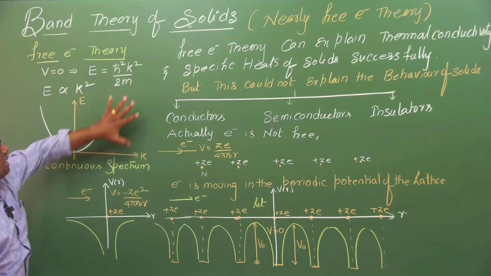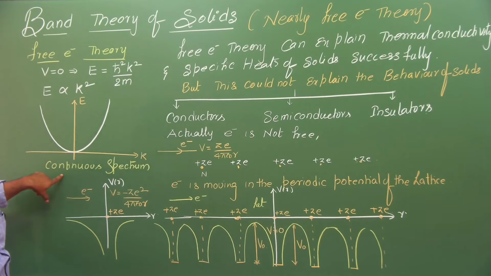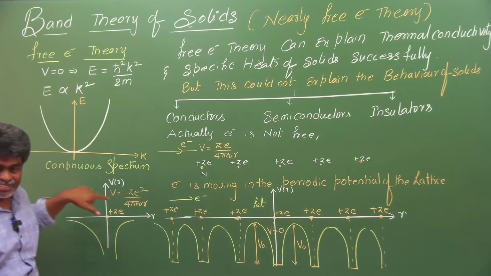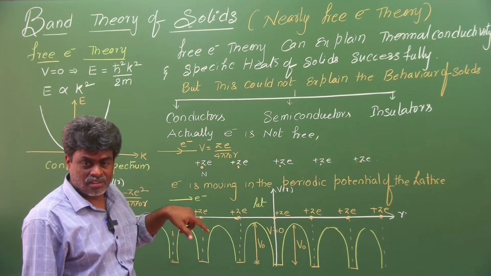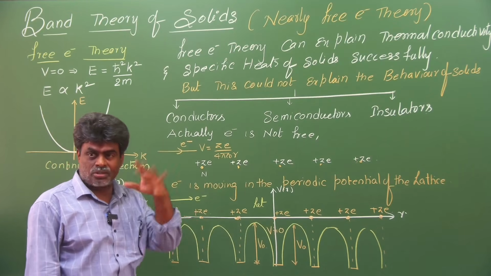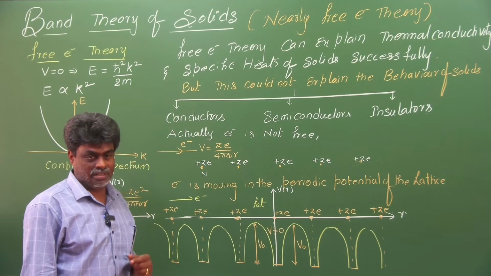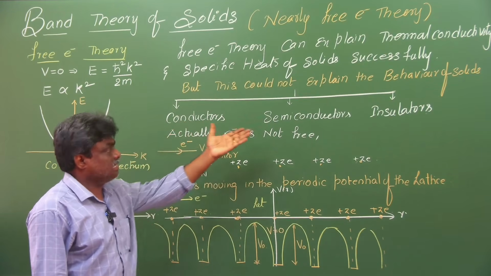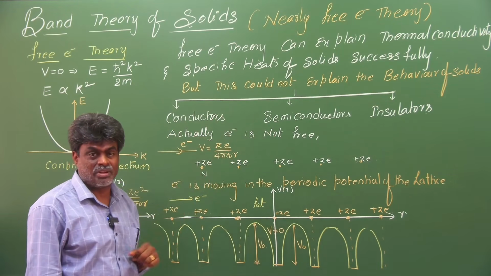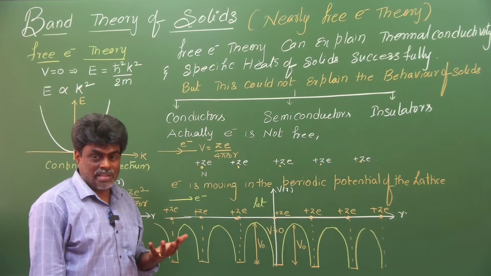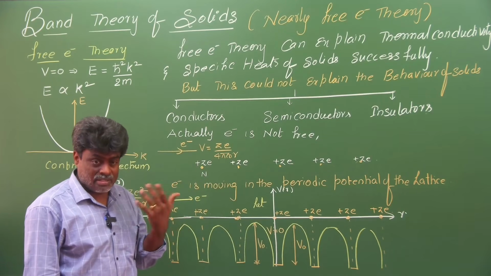So this is the free electron, and the energy we got is continuous. That is wrong. If it were continuous, all solids must be conductors. All solids must be conductors, but that's not correct. Some solids are conductors, some are semiconductors, some are insulators. So what's happening here? Maybe some energy bands are forming.